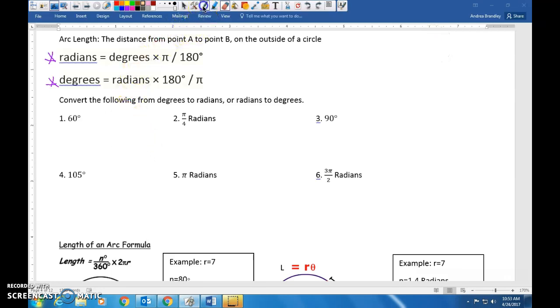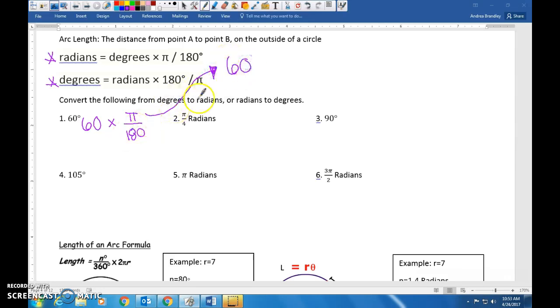So we just want to be able to switch back and forth between these two. To start, I have 60 degrees, and I want to convert that to radians. I'm going to use my radians formula, which is degrees times pi over 180. So I have 60 degrees times pi over 180. My biggest recommendation to students is to be careful when typing this into a calculator and put as many parentheses as possible to make sure it's doing it in the right order.